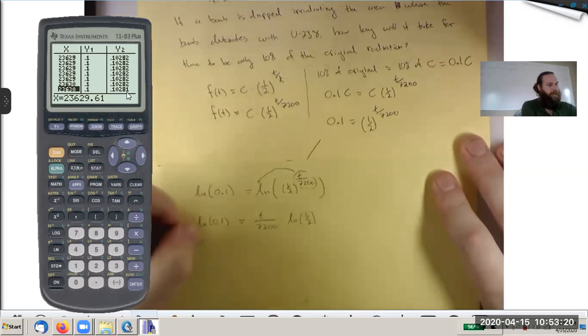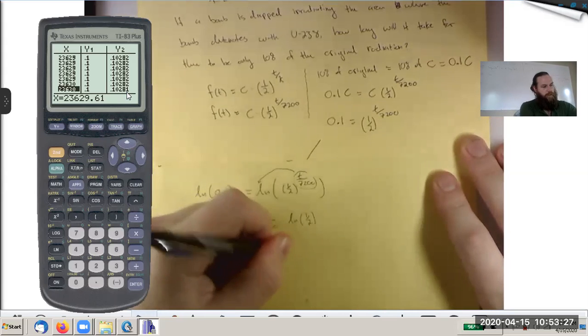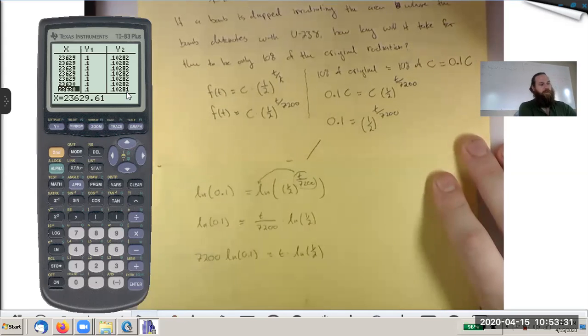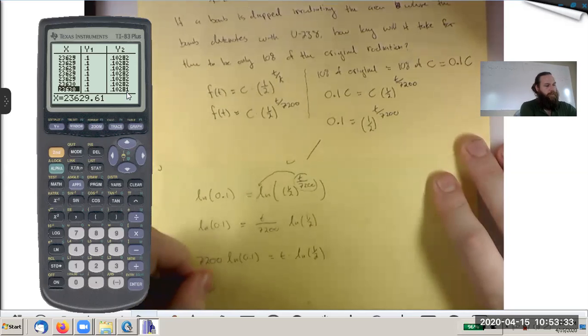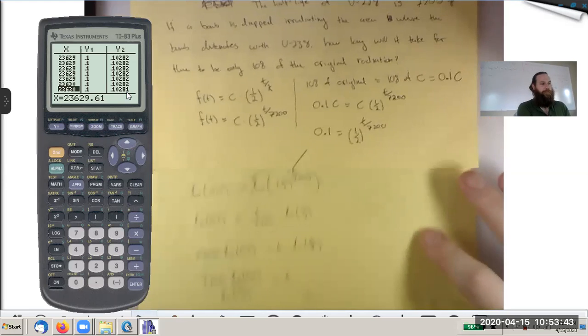Start by multiplying both sides by 7200. And then divide both sides by the ln of 1/2. And that gives me t.